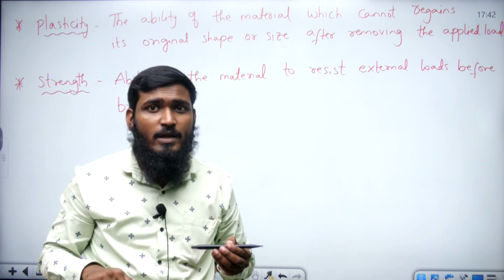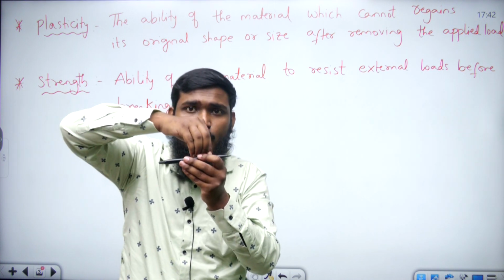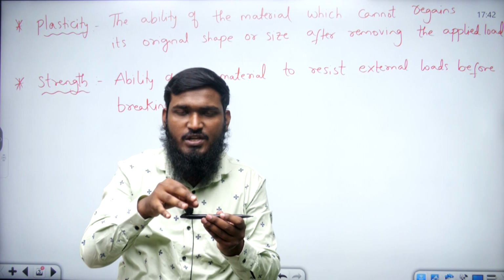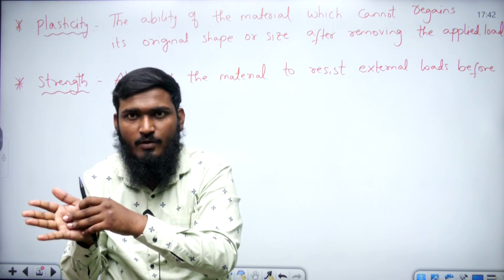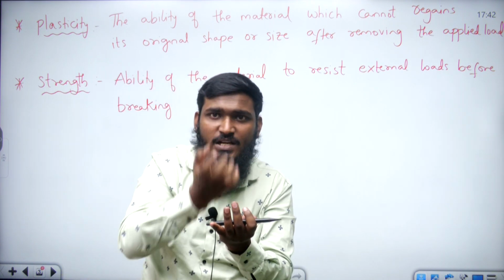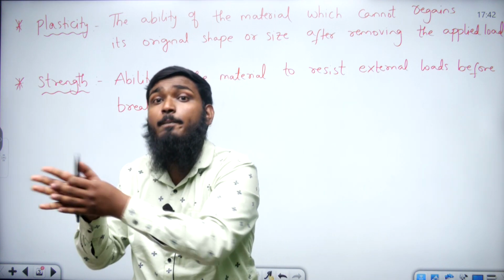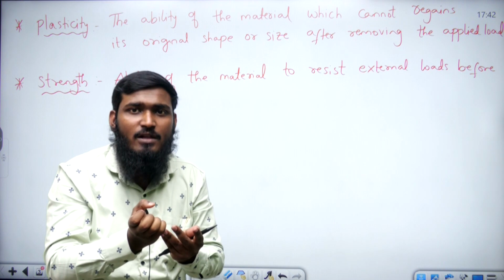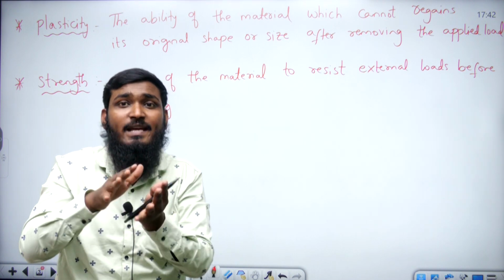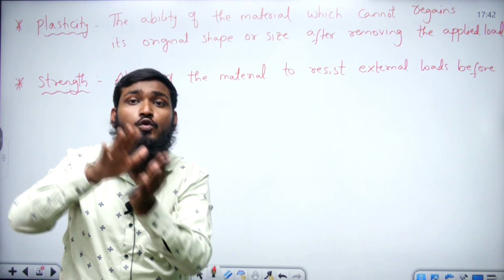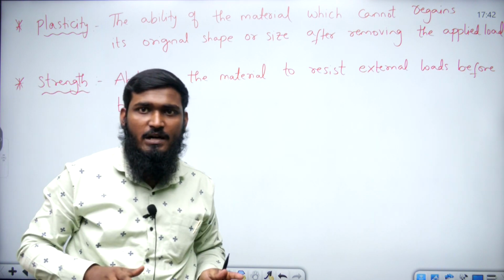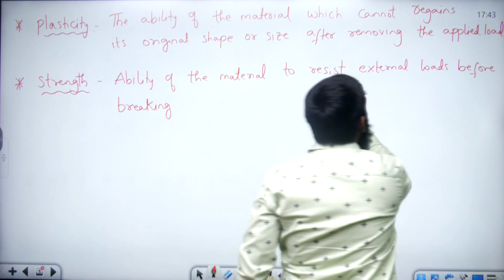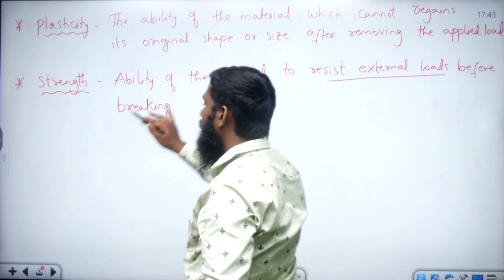There will be some deformation, but it is not breaking. It is resisting the external loads before the breaking point. So it is absorbing all those external loads and making the material or body not break. Understood? So what we have taken: ability of the material to resist the external loads before breaking.